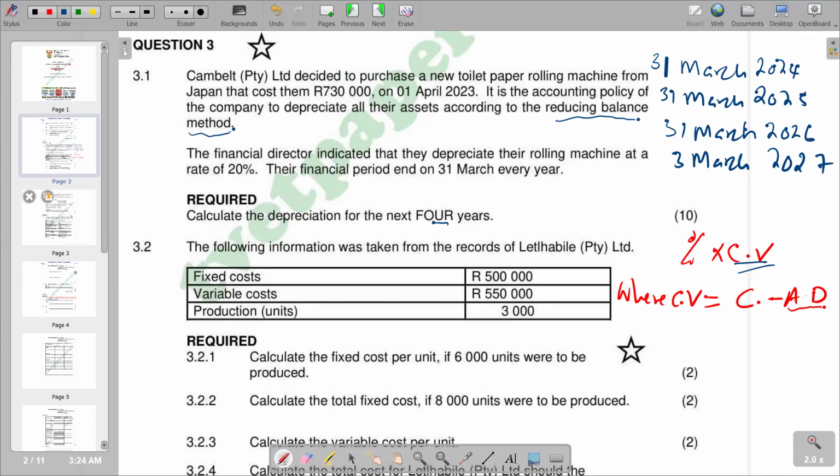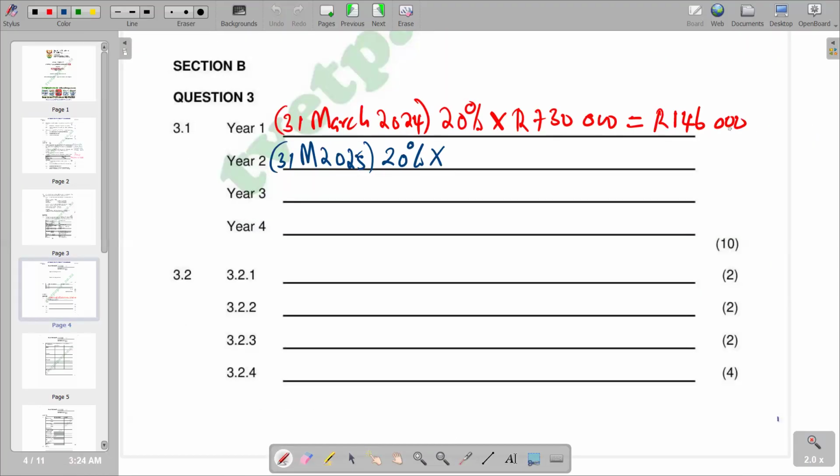For the second year, we have the depreciation that we calculated for the first year, 146,000. So we calculate our carrying value by saying cost is 730,000 rands, and we subtract accumulated depreciation, of which we only have 146,000.